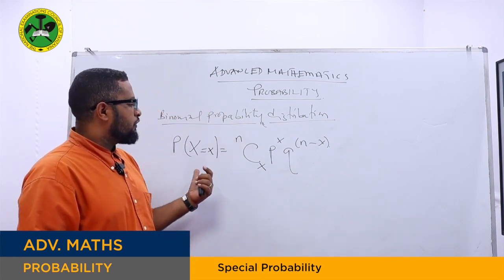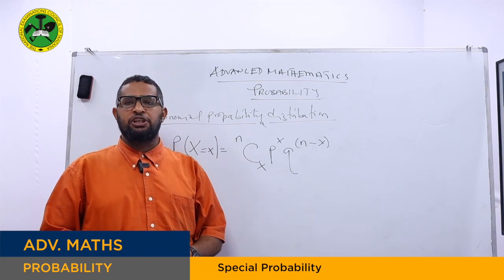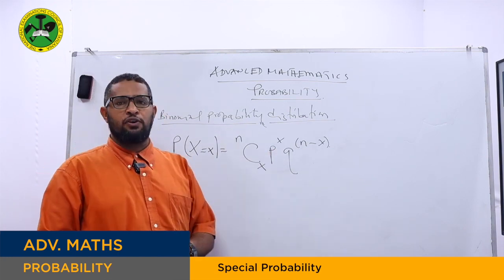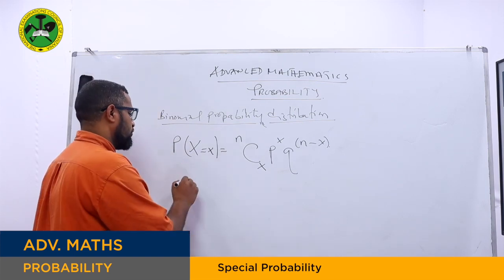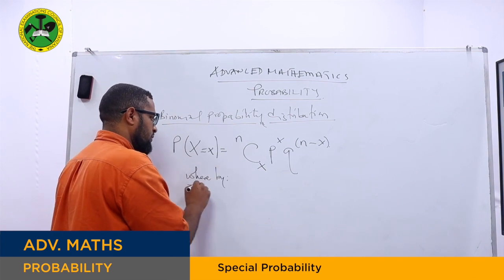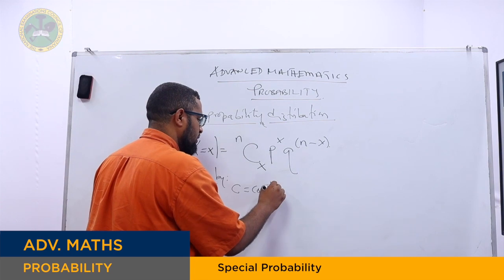This is the formula for finding probability under binomial distribution. But what do C, p and q stand for? We need to know. C stands for combination.